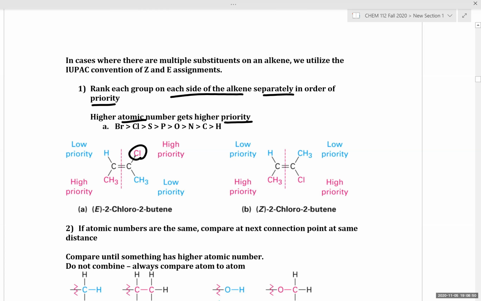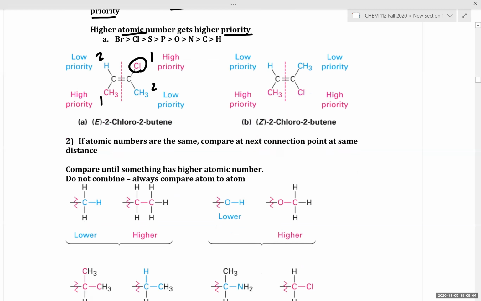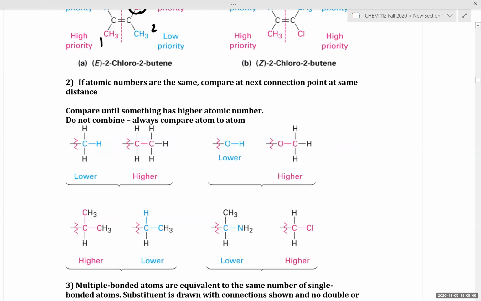So for example, a chlorine is higher priority than a methyl group. And likewise, a methyl group, which has a carbon, is higher priority than a hydrogen. Now, one thing you really have to keep in mind is that if the atomic numbers are the same, you compare at the next connection point at the same distance, and you compare until something has a higher atomic number.